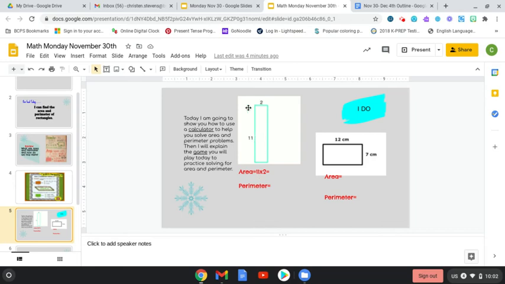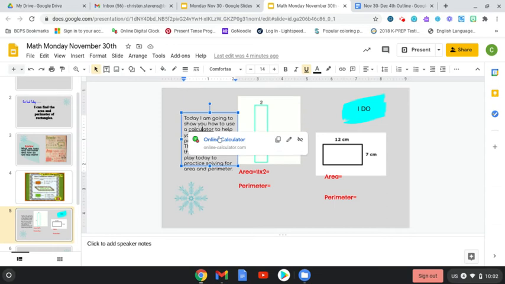So the area, the length is 11 and the width is 2. So I would do 11 times 2. Now, if I did not know my multiplication facts, okay, if I don't know them, I can go to this calculator link.